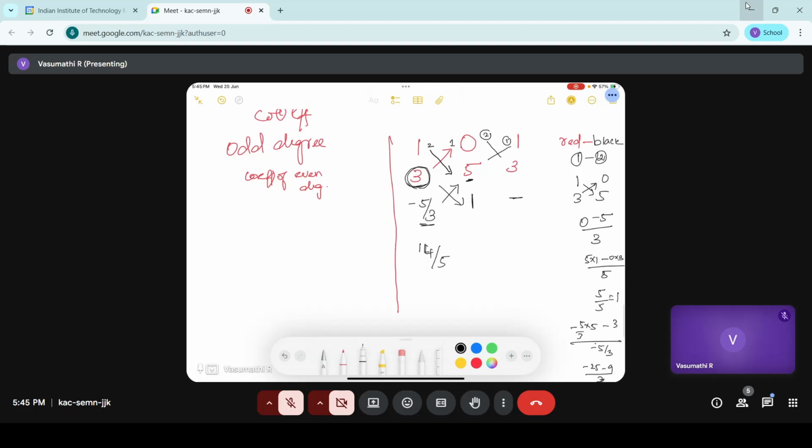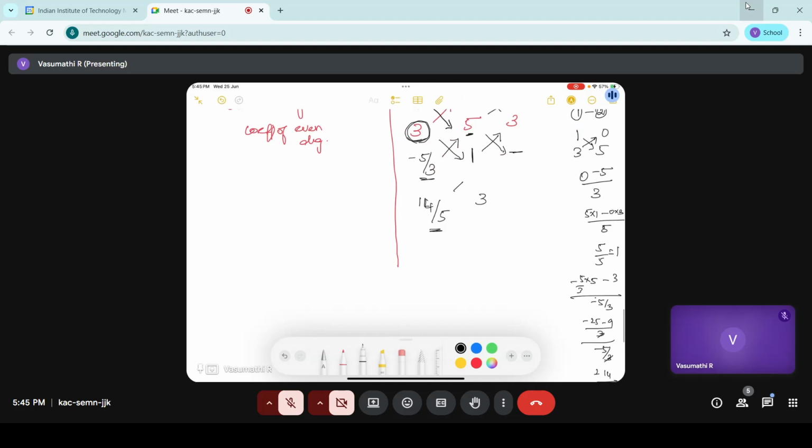After doing all these things, until you are left with one last value, you should do all this again. Since there is nothing here, I am considering this as 0. So 3 minus 0 divided by 1 is 3.